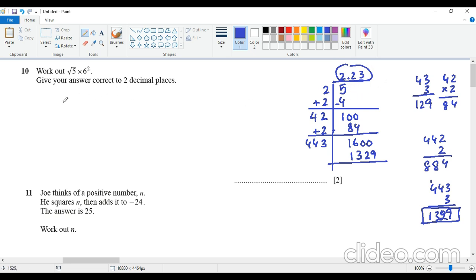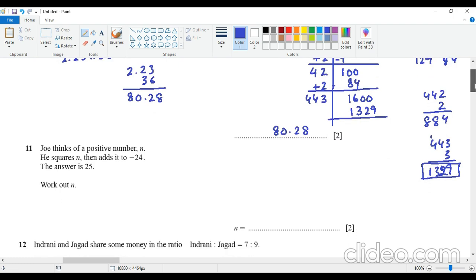So I will replace root 5 with 2.23 multiplied by 36. Get it? When we multiply 2.23 times 36, multiplication is simple. We are going to get 80.28. 80.28 is going to be your closest number with the answer.